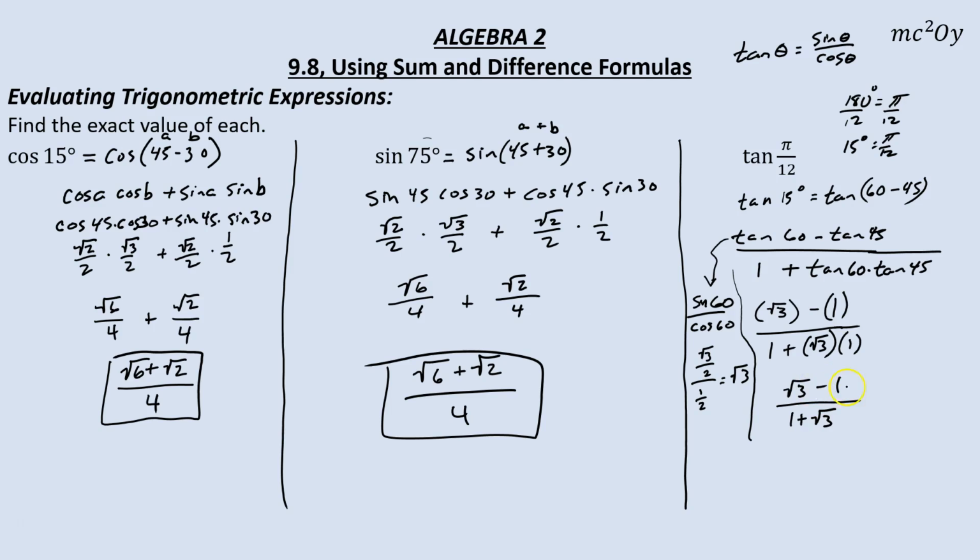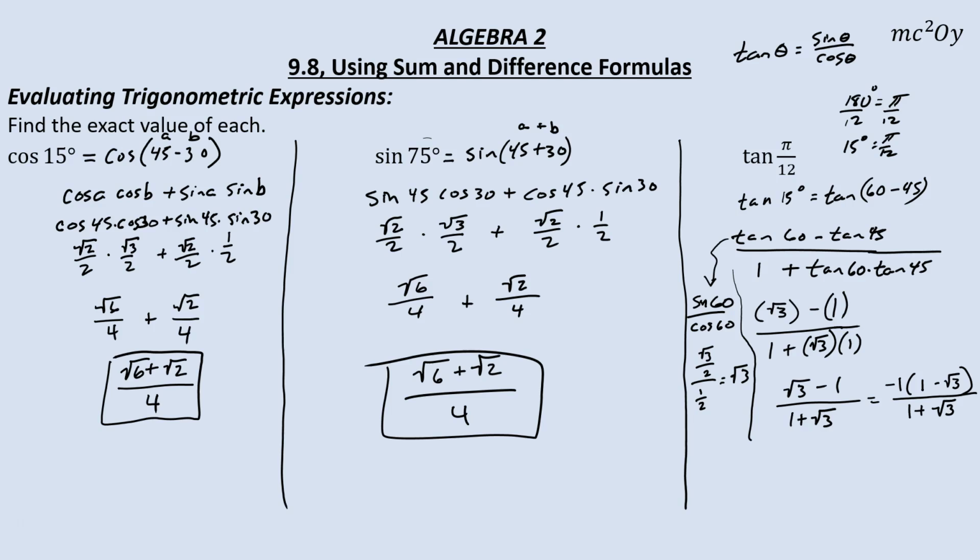And the first thing I look at on top, usually you want to put your root in the back. So I'm going to rewrite this. On the top, I'm going to factor out a negative 1. And that's going to make that a negative root 3. And it's going to make this a positive 1. Okay, and that's just so I have it in the normal format there with my rational part or irrational part in the back.